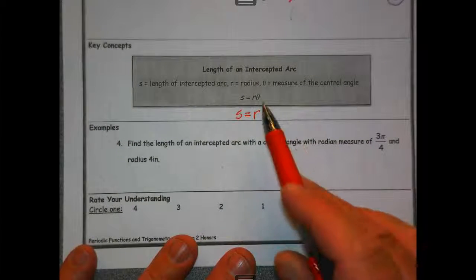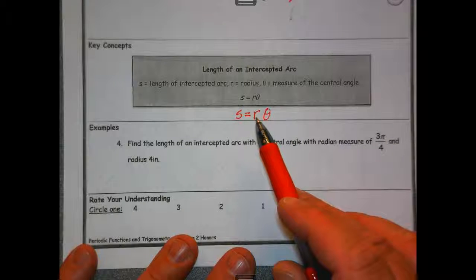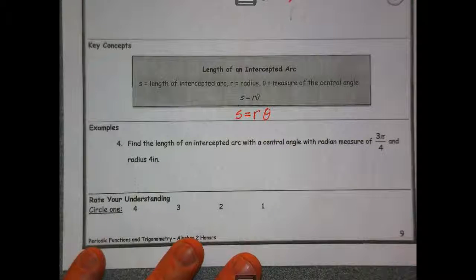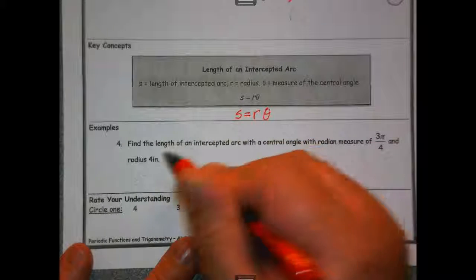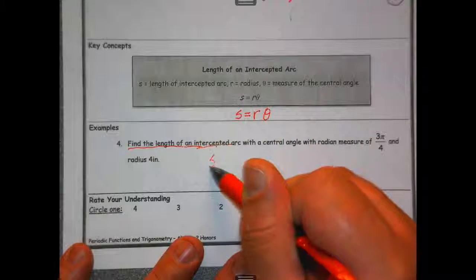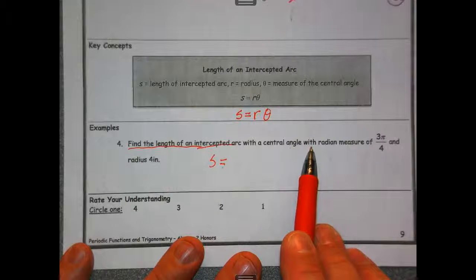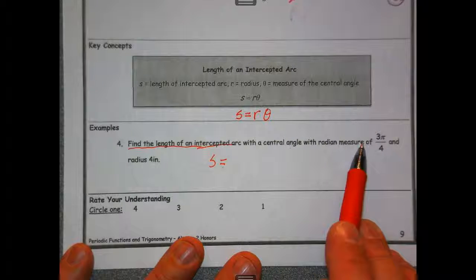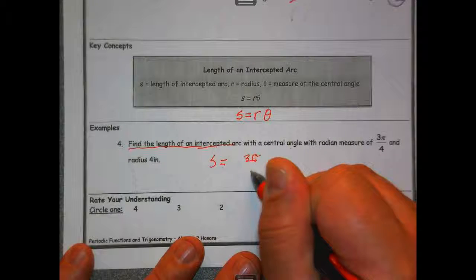The measure of the angle is theta, the central angle, and we're just going to multiply it by the radius. Find the length of the intercepted arc. So this is our S. They want us to find S with a central angle with the radian measure of 3 pi over 4.